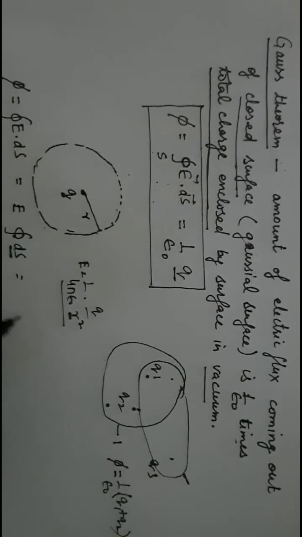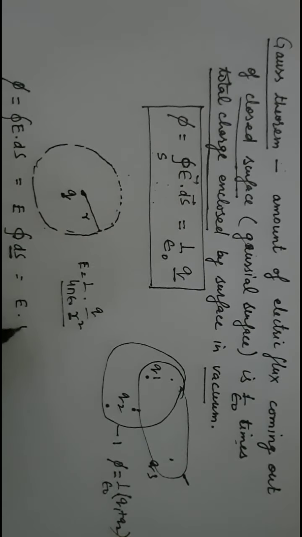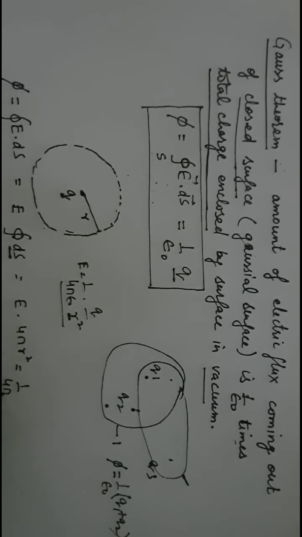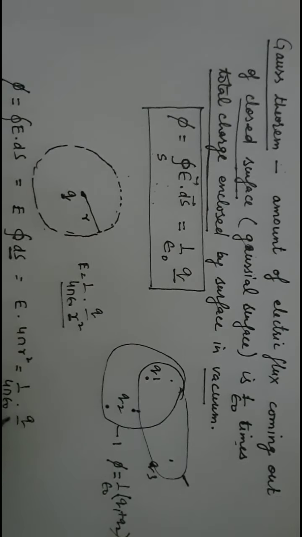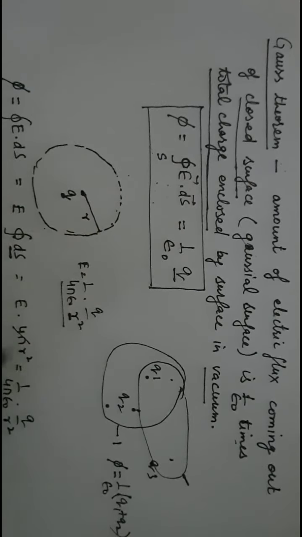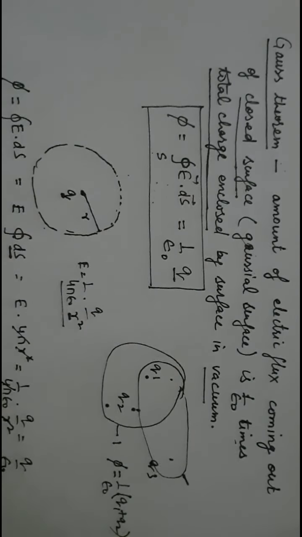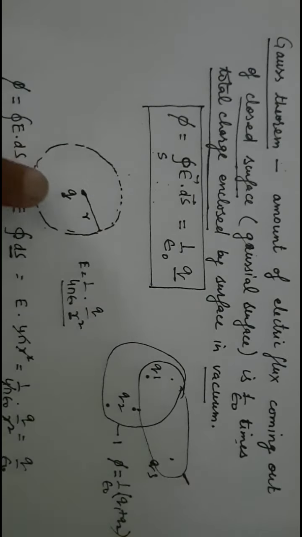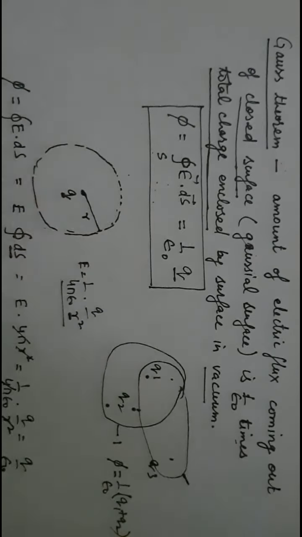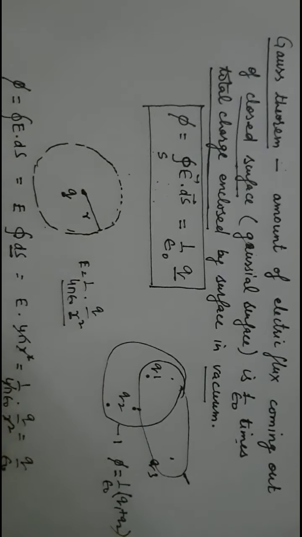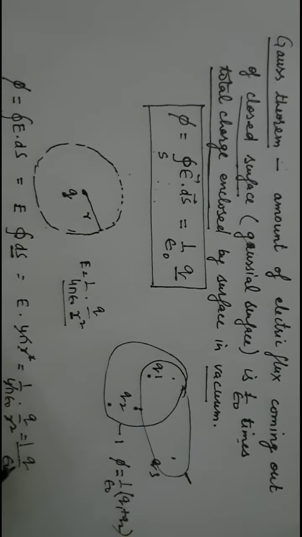For this sphere, the surface area is 4 pi r square. Now put the value of the electric field, 1 upon 4 pi epsilon naught Q by r square. The 4 pi cancels out, r square also cancels out, and you are left with Q divided by epsilon naught. So here also the flux coming out of this spherical surface is 1 by epsilon naught times the total charge enclosed by this surface.